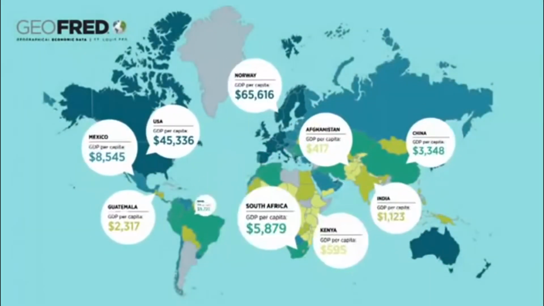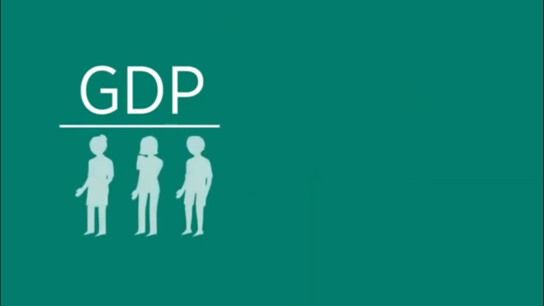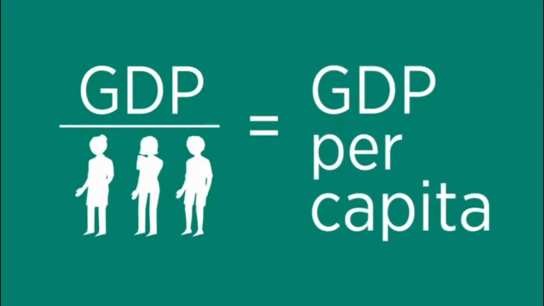To determine the impact of national income on individual people, GDP is divided by the country's population. The resulting measurement is GDP per person and is most commonly called GDP per capita. For example, think of two countries, Alpha and Omega, with comparable GDPs, say $200 billion each.